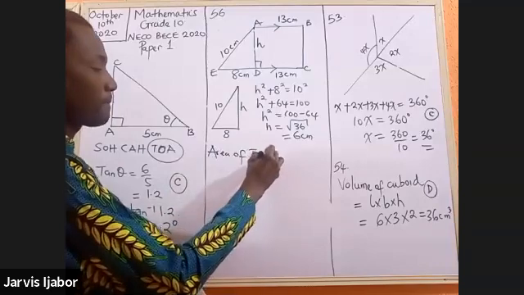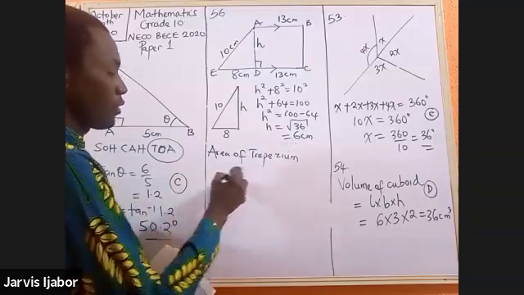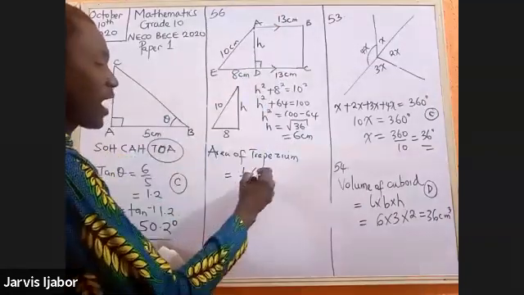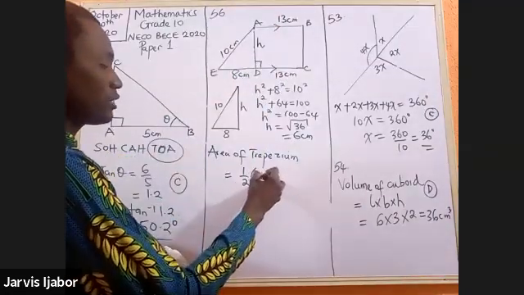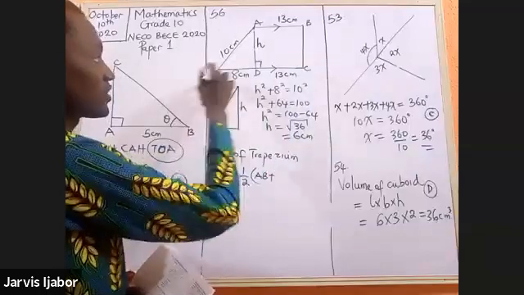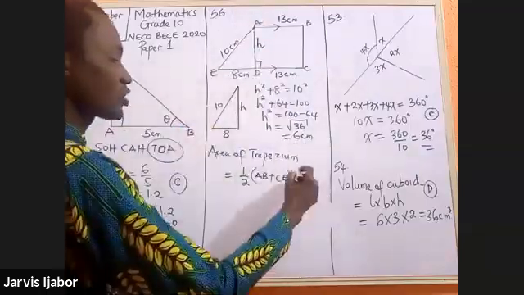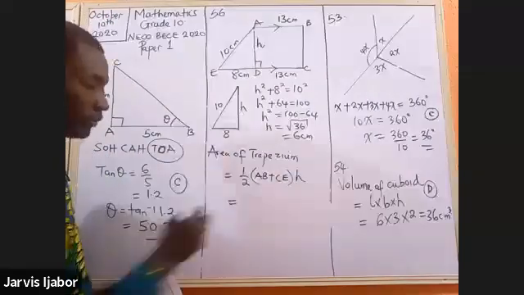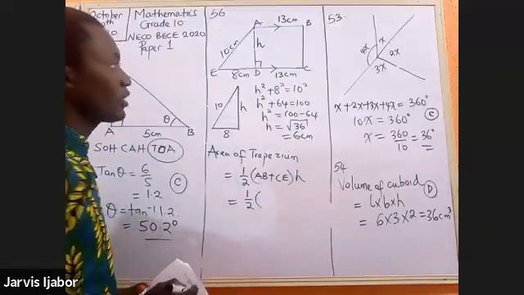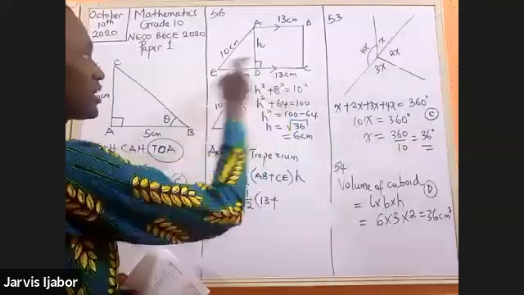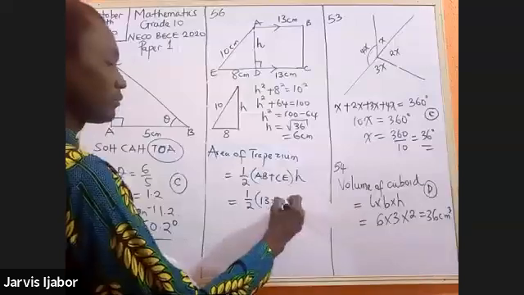Now, the area of trapezium will be equal to half the sum of the parallel sides, so half of AB plus CE, times the height, h. What is AB? 13. What is CE? 21.